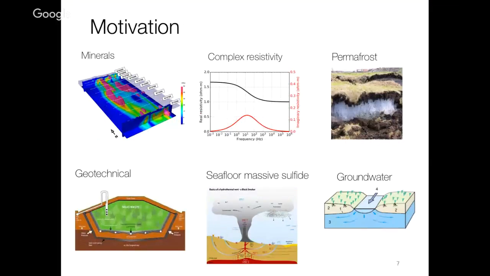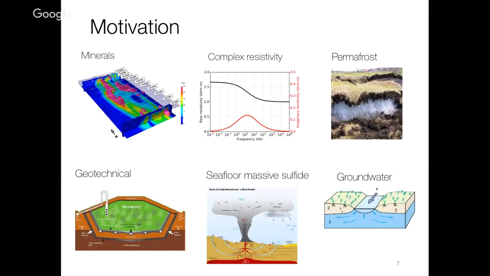So where could that process actually make a difference? Well, one place is in mineral exploration. Another place is in geotechnical work. There's a lot of work now, especially in old hydrocarbon dumps or places where there's been contaminants, so the electrical resistivity is frequency dependent.